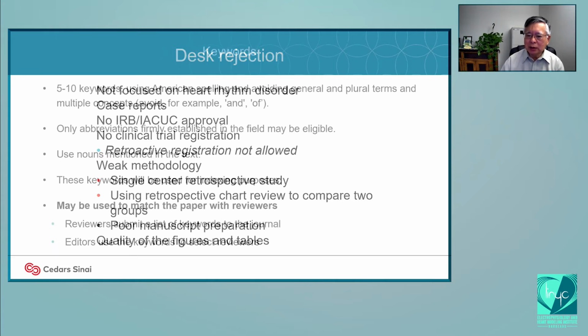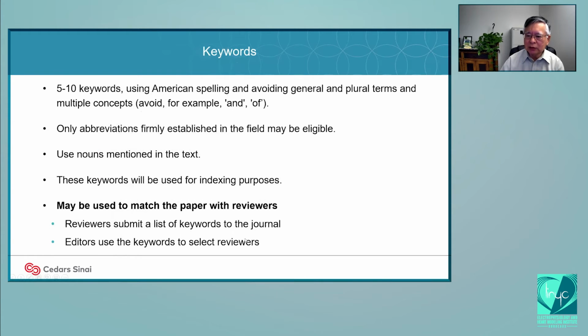There's another thing I want to mention. If you have proper keywords and proper nouns in the title, which one shows up on the first page of Google Scholar? That really depends on how often your paper has been cited.